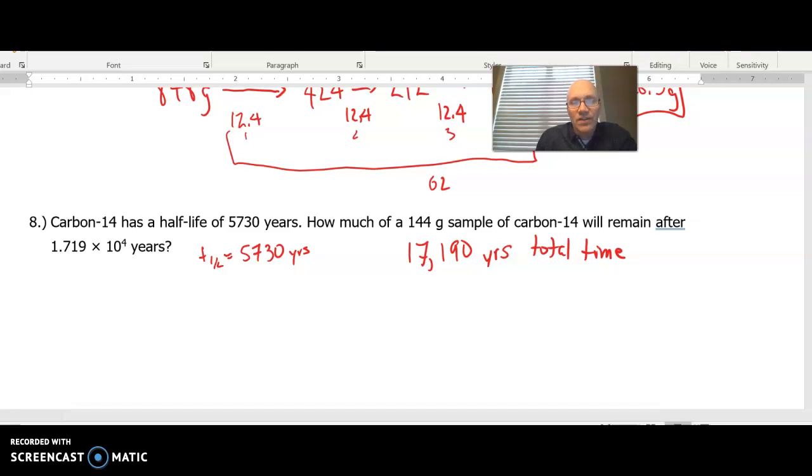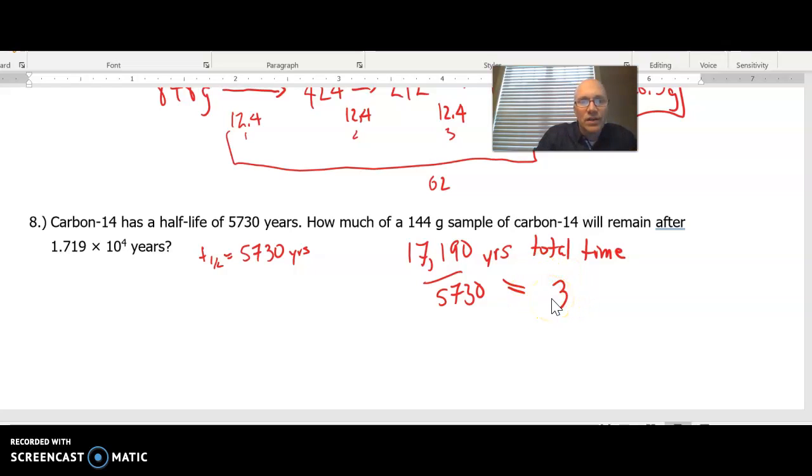If this is the half-life right here, and this is the total amount of time that we're going to allow something to decay, we can figure out how many times the half-life goes into that. We can do that just by dividing it. And that's going to give us the number of half-lives. And so that number is 3.